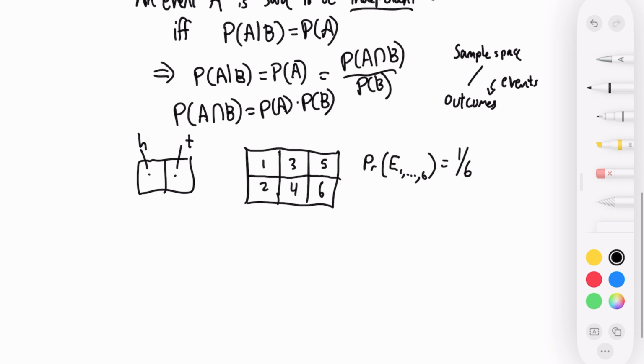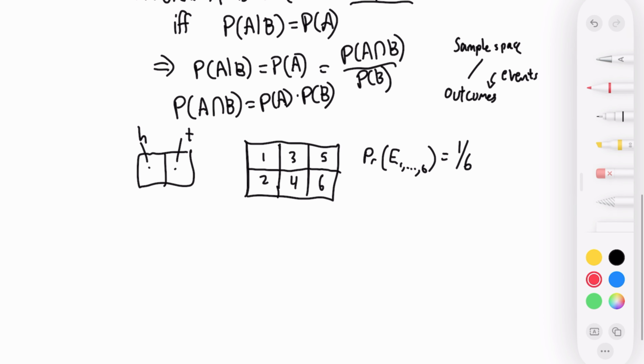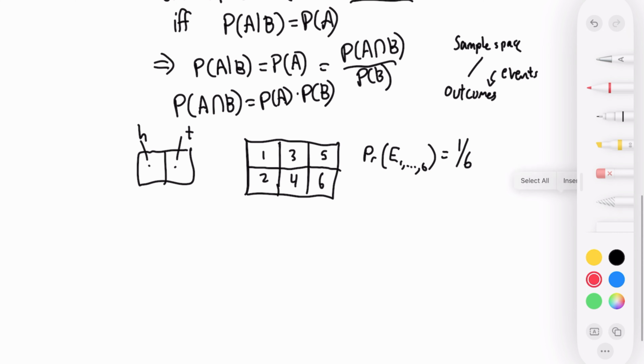To give an example, we can have different events that are collections of outcomes. So we can have the event even, which would then be this here. And of course we could say the probability of E even equals the probabilities of each of the outcomes in my event divided by the total, which in this case is the whole sample space, with probability 1, but this will come in handy later.